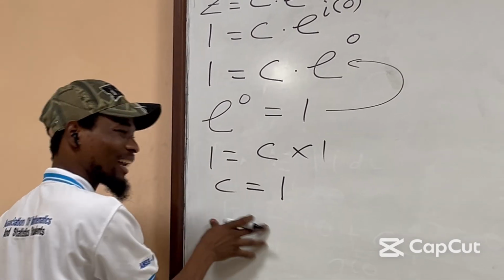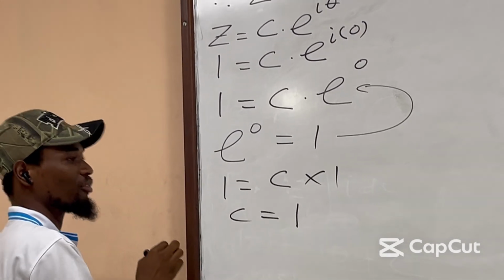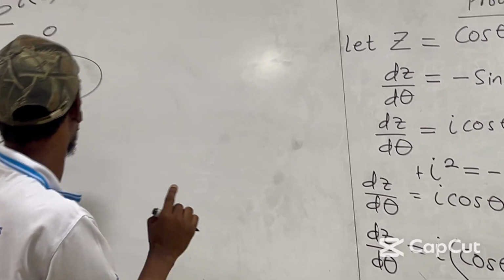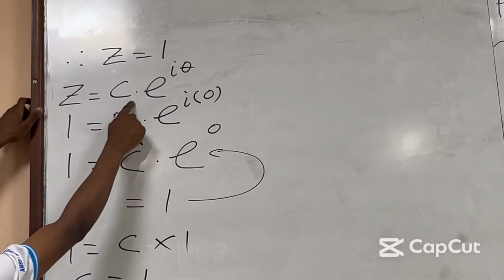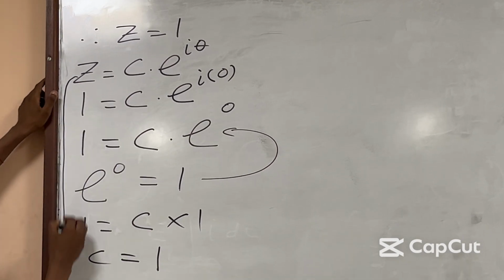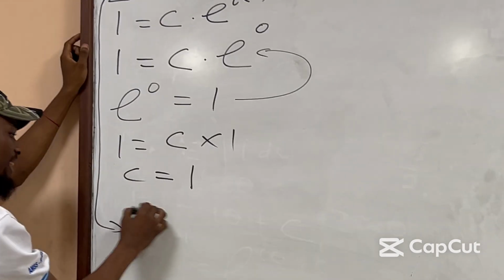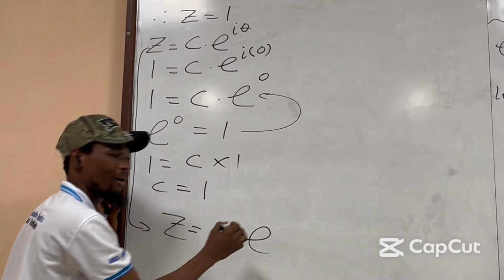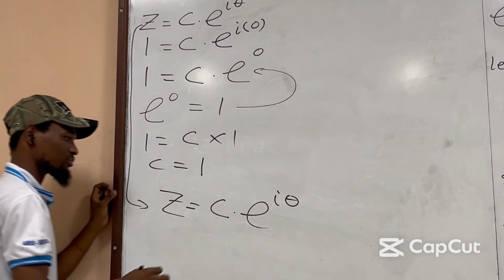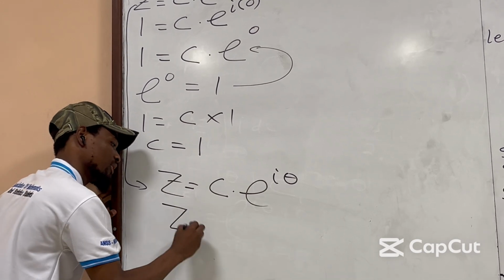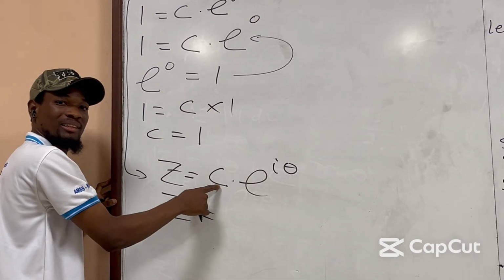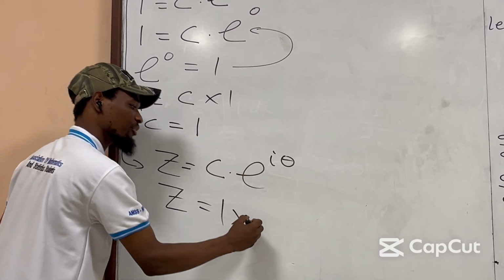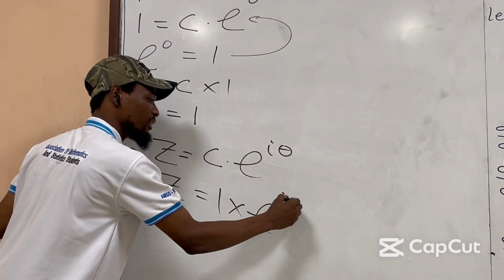Having done this, from here, you know that z is equal to c times e to the power i theta. So we have z is equal to c. What is c? c is 1. Then times e to the power i theta.